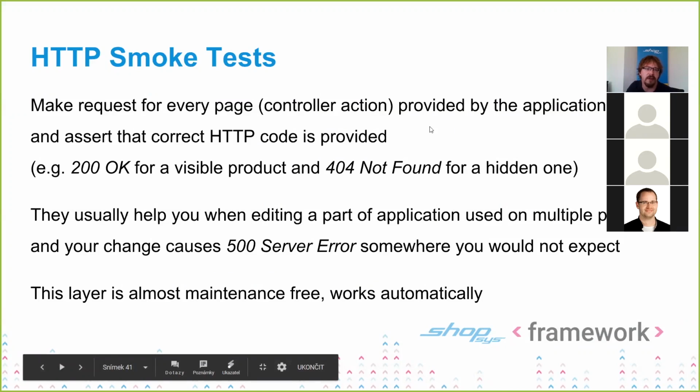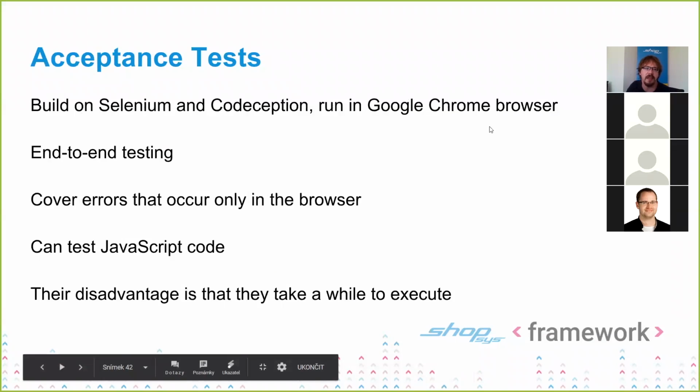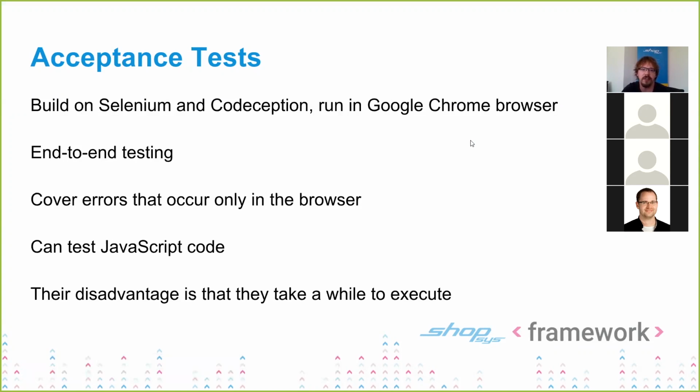The fourth layer of testing is acceptance tests, and we are using Selenium for this task, along with Codeception and the Google Chrome browser. We were using Firefox in the past, but the Chrome browser is really faster than Firefox in this case.